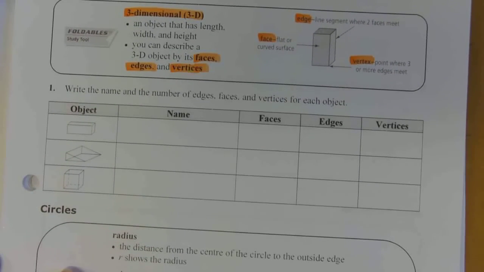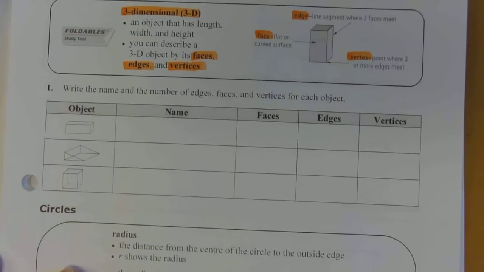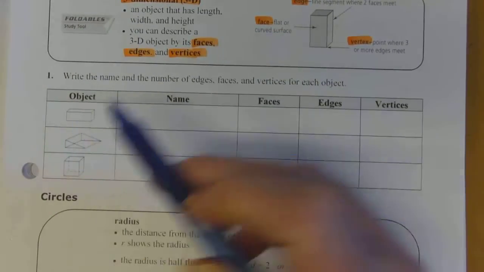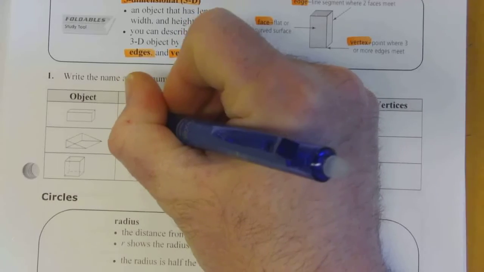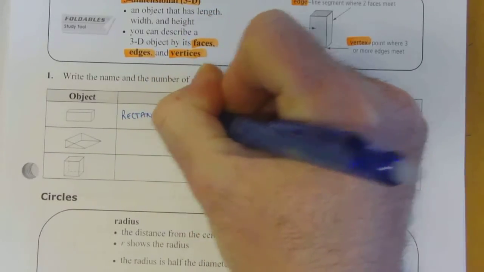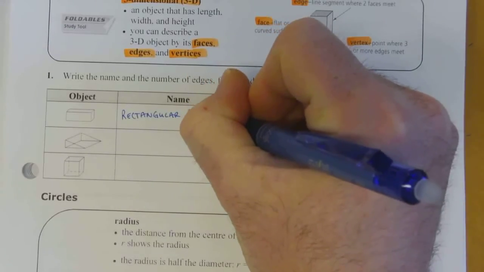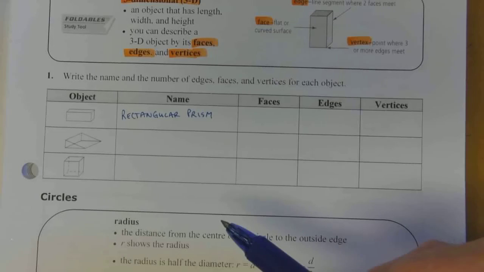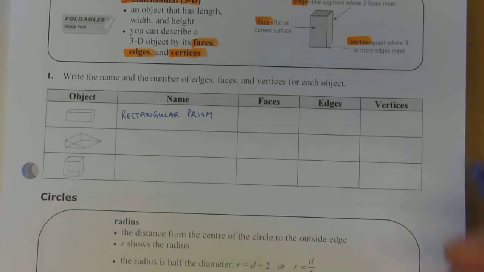Write the name and number of edges, faces, and vertices for each object. So we're starting off here. This is called a rectangular prism. And it has front, back, top, bottom, left, and right sides.